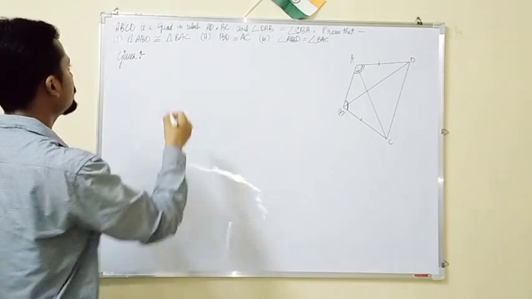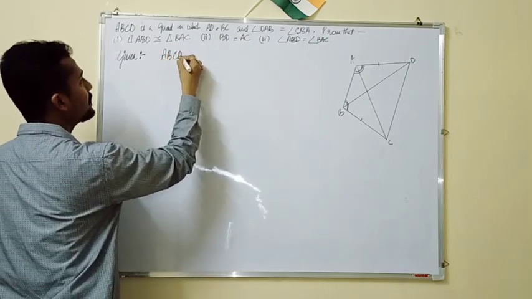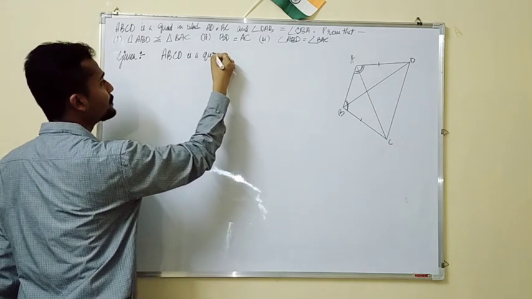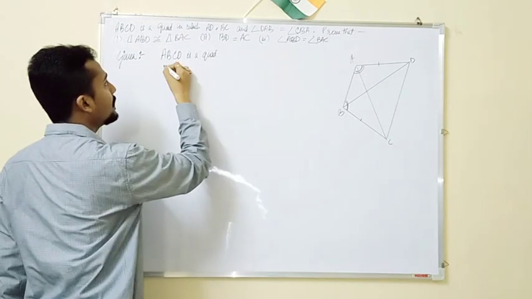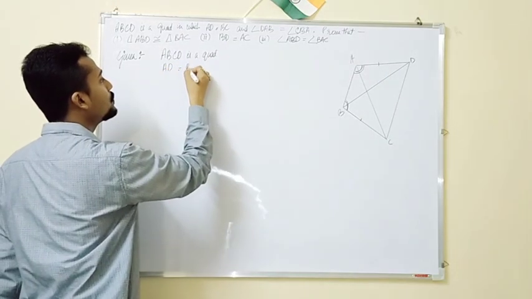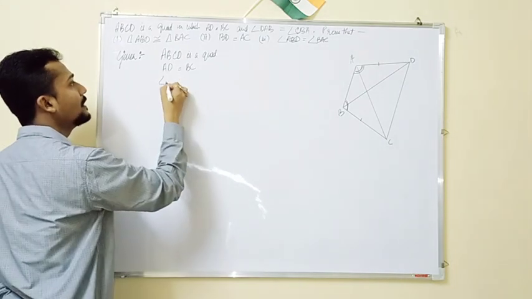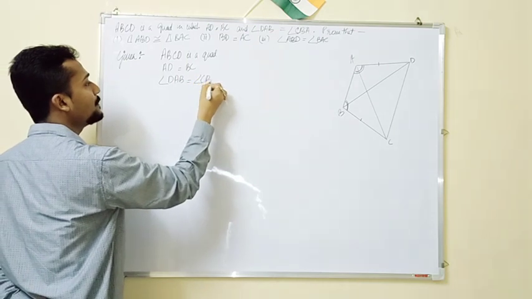So what is given in the question? ABCD is a quadrilateral, AD is equal to BC, and angle DAB is equal to angle CBA.